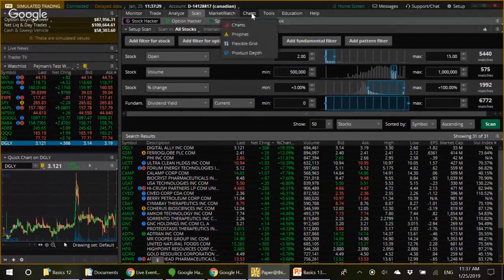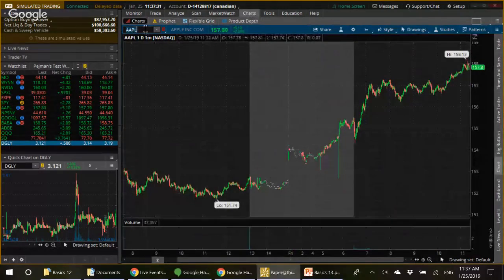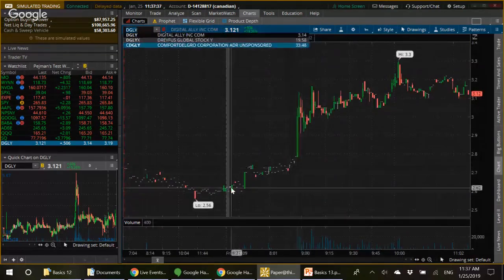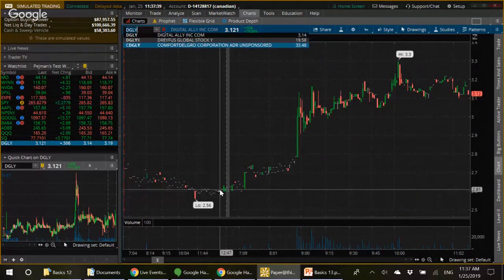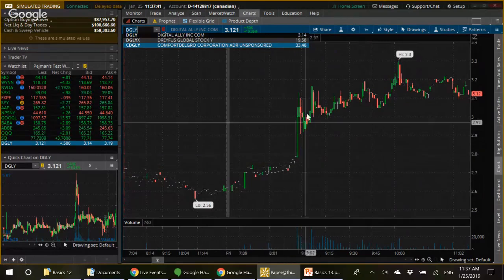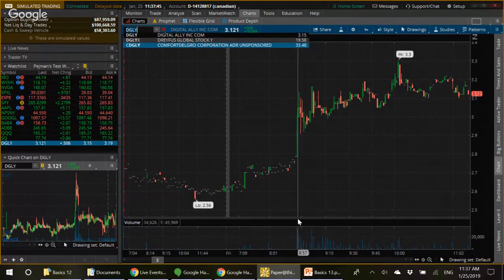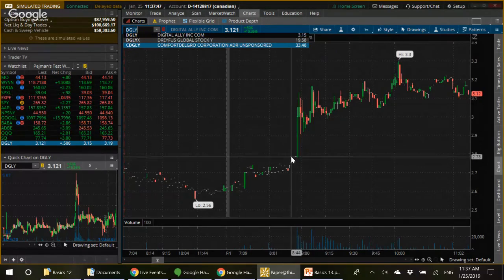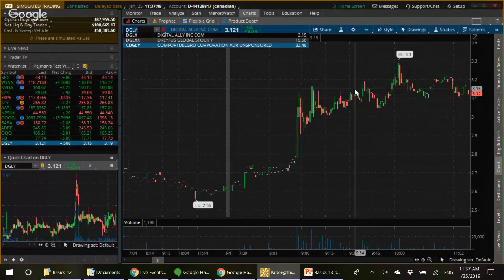Let me see its candlestick price chart. As you can see, this was the price yesterday, and it has gone up tremendously within a matter of seconds. Volume has peaked here, and this could be a stock that I can pick for my day trading.